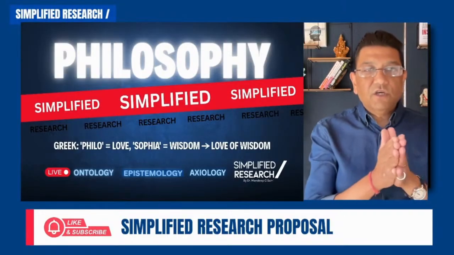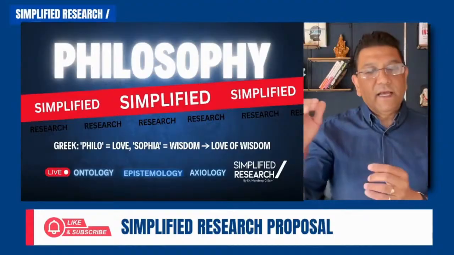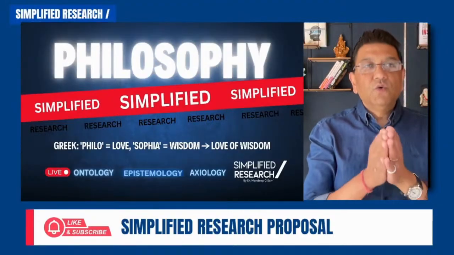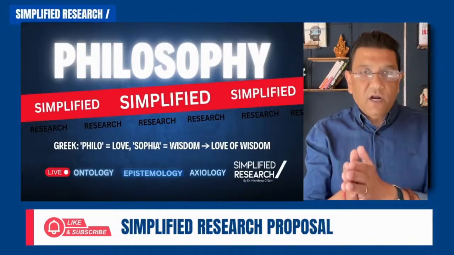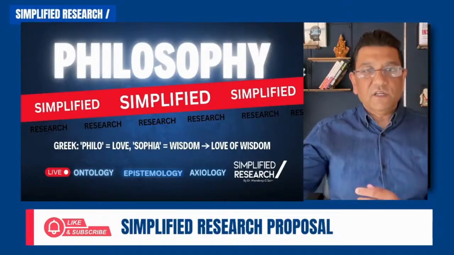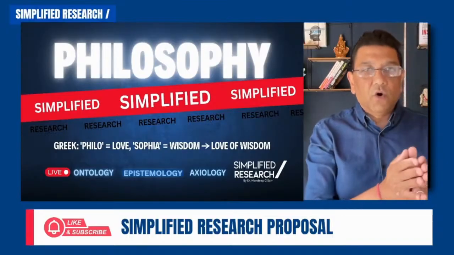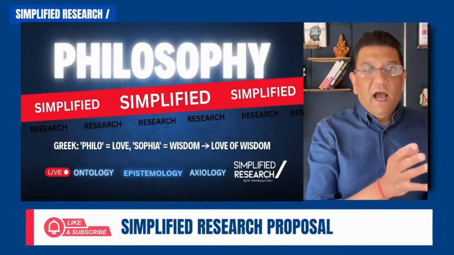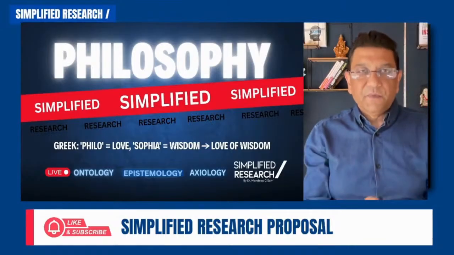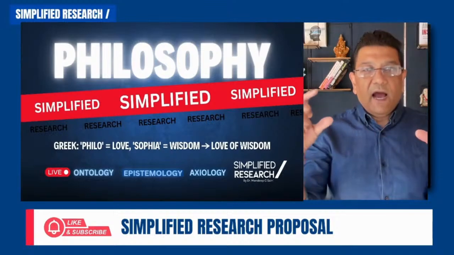So having the love to understand, to seek, and to find the knowledge and reaching the wisdom, that is what is called research. Having the love of wisdom is philo and sophia.